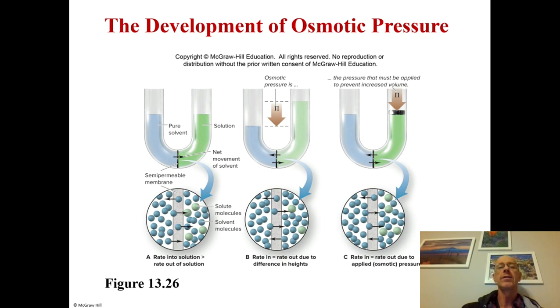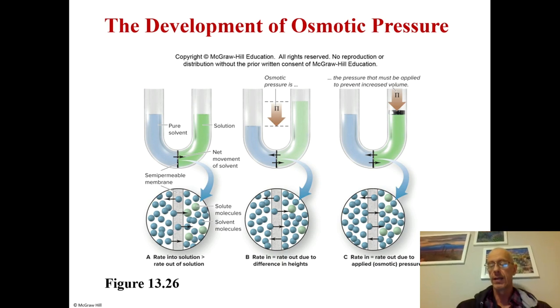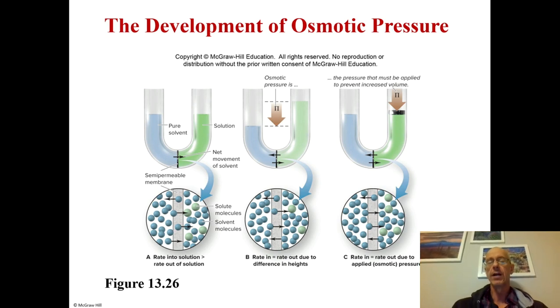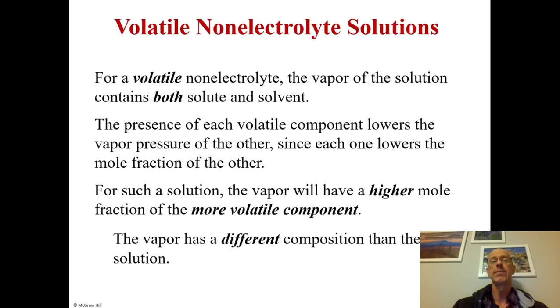In the end, it'll rise up to a height that's equivalent to the osmotic pressure, and then it will stabilize. If you want to drive liquid back through, you have to apply pressure on the solution side, and then you can drive pure liquid back into the left-hand side. This is actually the way for doing water purification by using osmosis. But applying a high pressure, of course, requires energy.